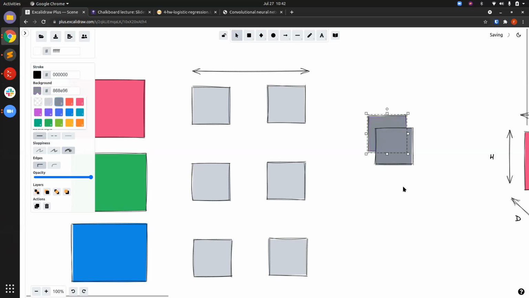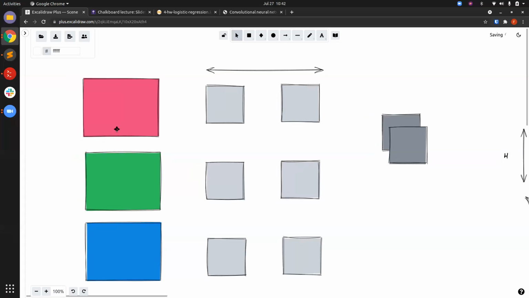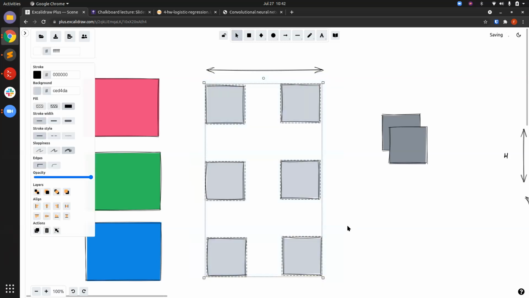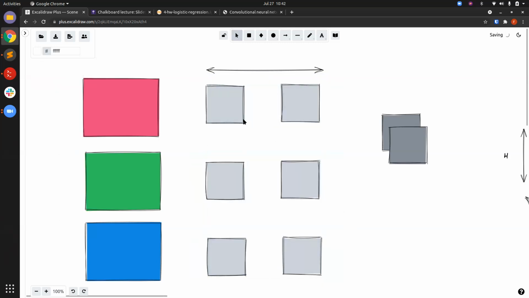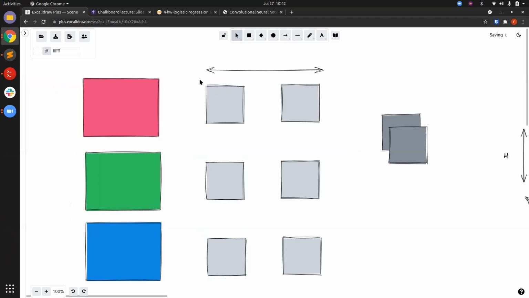So I'll have this input, which has some width and height, and let's say 3 channels. I'll have some number of filters in my convolutional layer, and each filter has full depth, which means I have a copy of it for each layer of input. And then the number of filters determines the volume of my output. Now, what do these filters actually do?